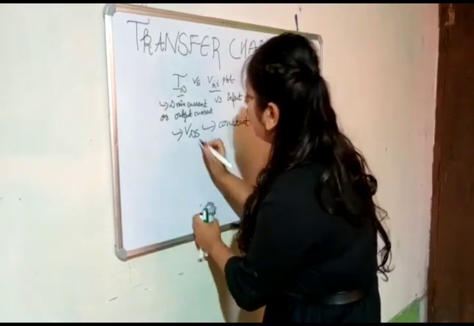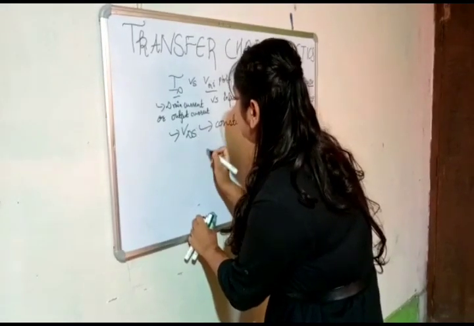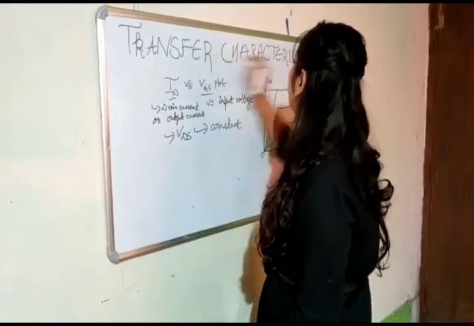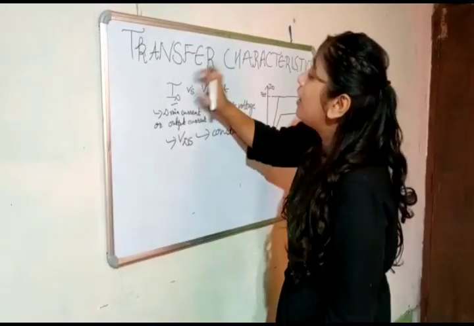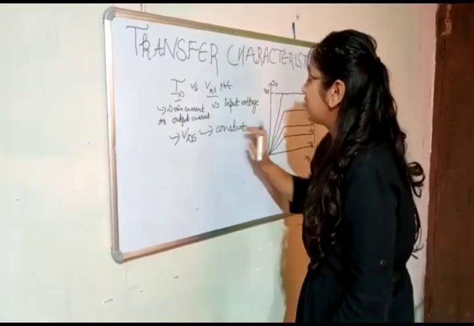Here VDS is the output voltage, drain to source voltage, held constant.